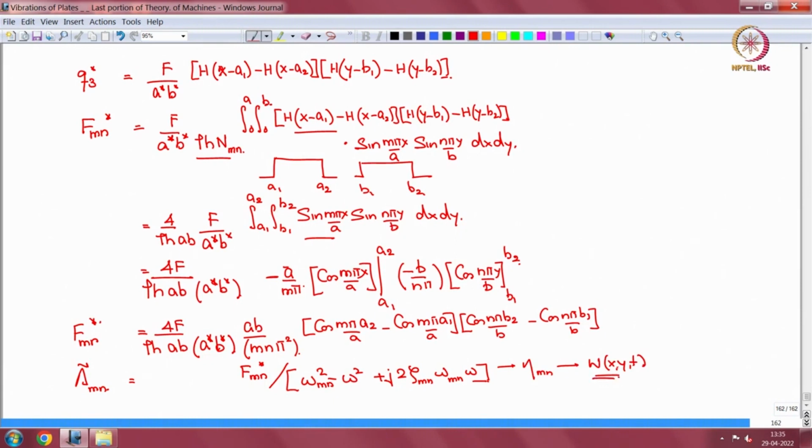Okay, so that should be simple enough. But what is important here is that this has m and n in the denominator, the mode numbers in the denominator.